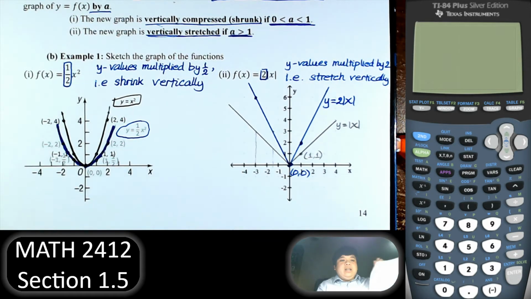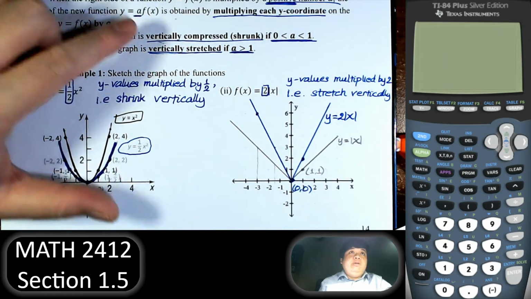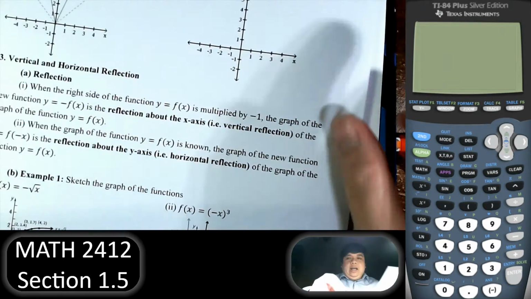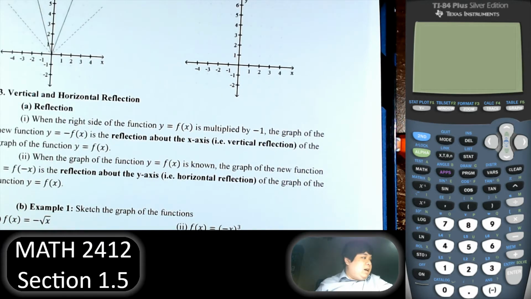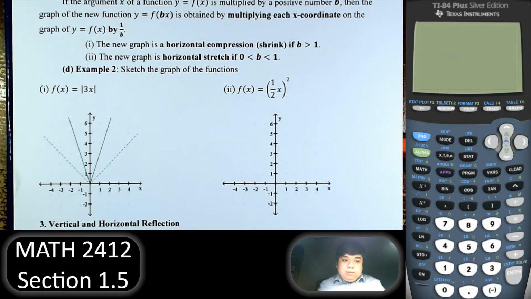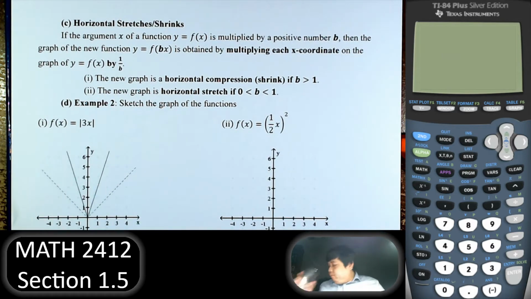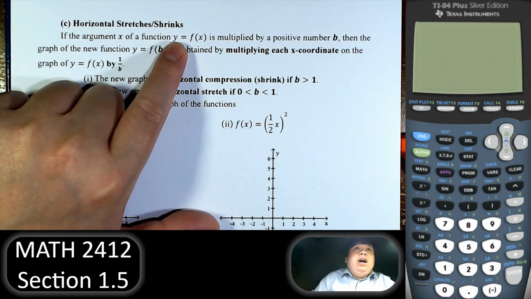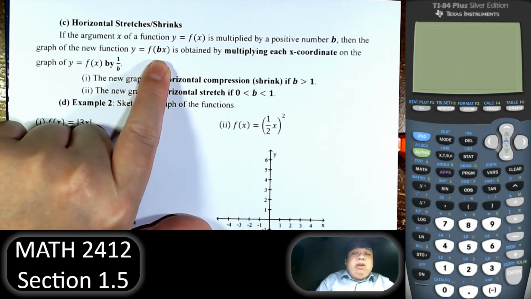Right. So that is where we have a number in front of the function. Now next we have a number that is in front of x, and what should we do? Originally we have y equals f of x. Now we have a number in front of x.